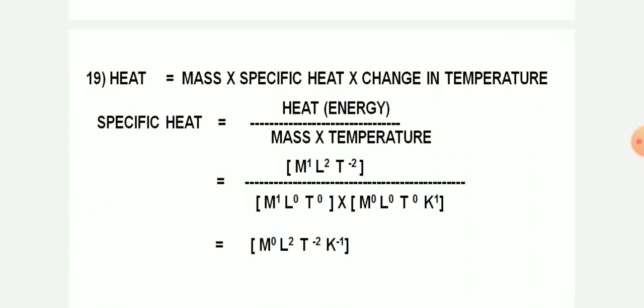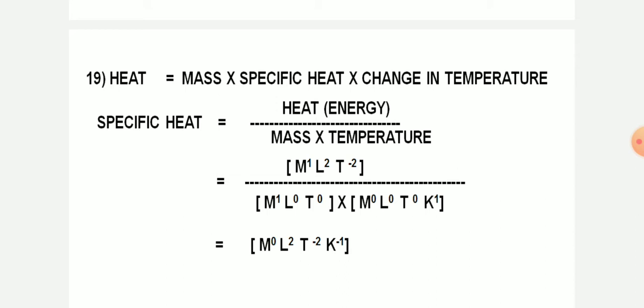temperature. Here is a new term, the temperature, which is given by the letter K. K raised to power 1 shows that there is a temperature, no mass, no length, no time, only temperature, therefore K to the power 1 is there.